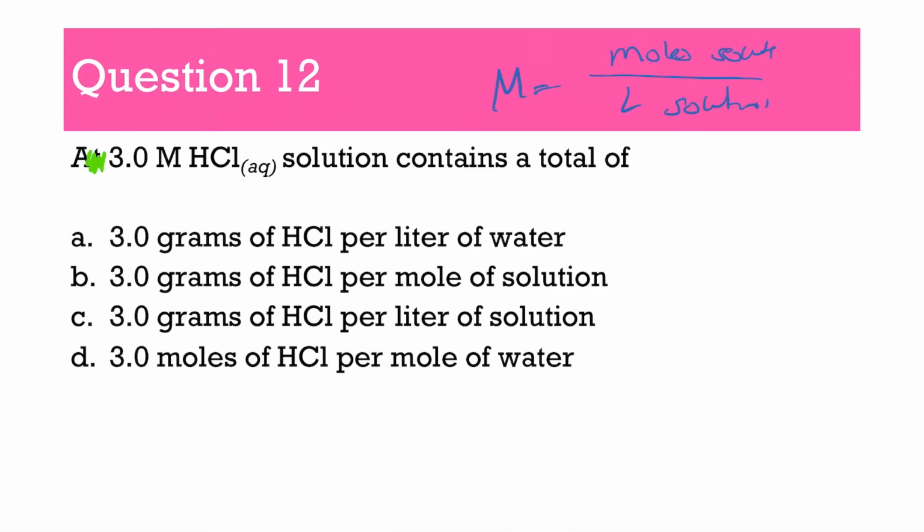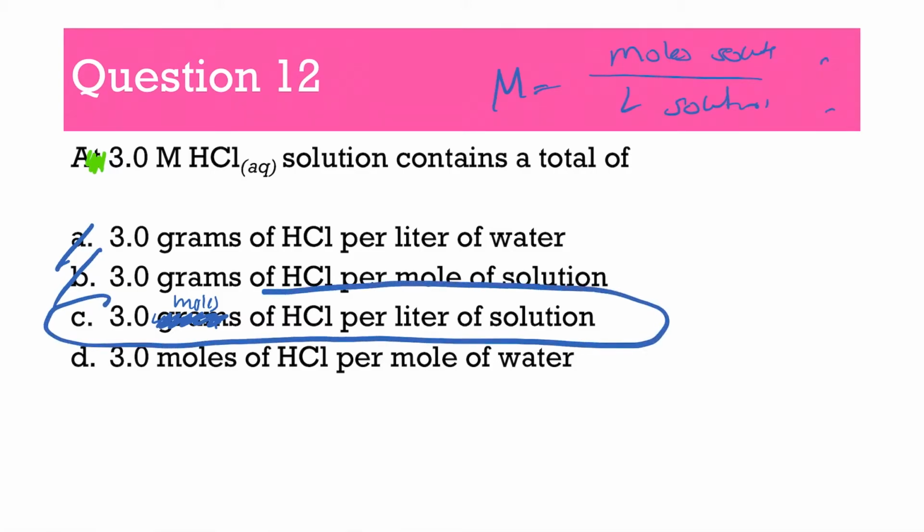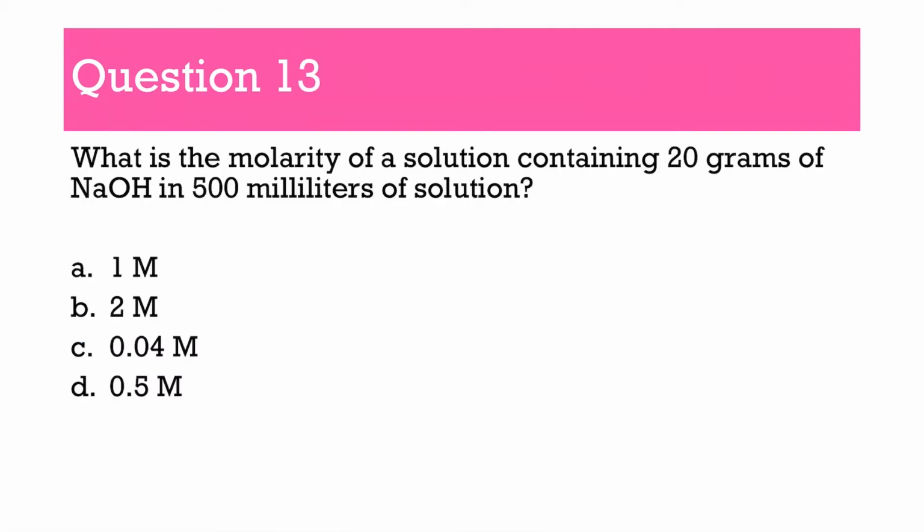So again, we're talking about moles of HCl, the second part of the equation, liters of solution, which makes it C. Moles per liter of solution.